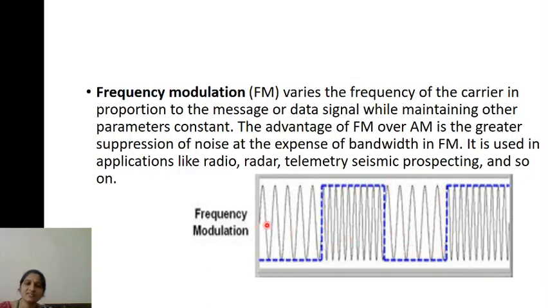Here the time period is very large. Here the curves are clumsy, that means the time period is very small. A small time period indicates the frequency is more. So for frequency modulation, you will use a high frequency signal as the carrier wave.